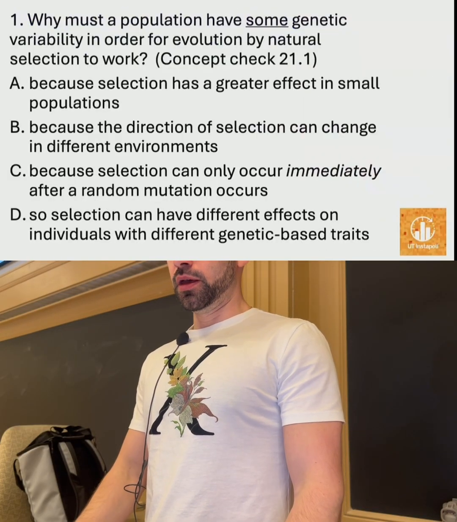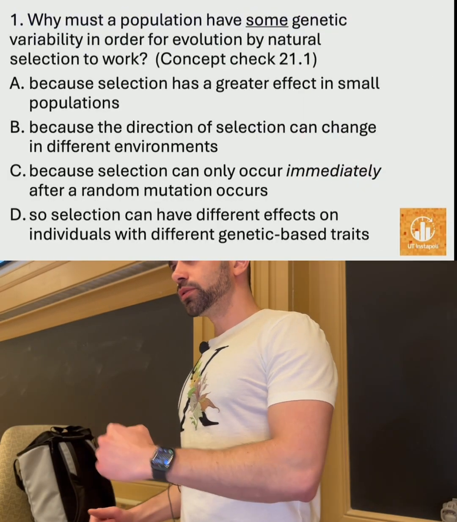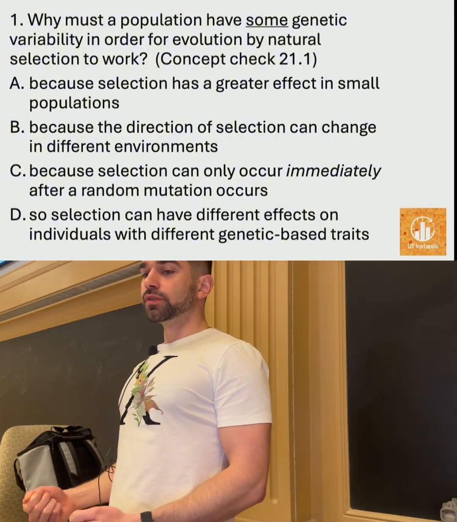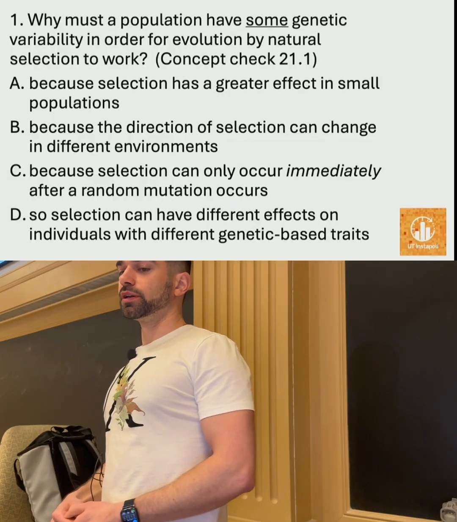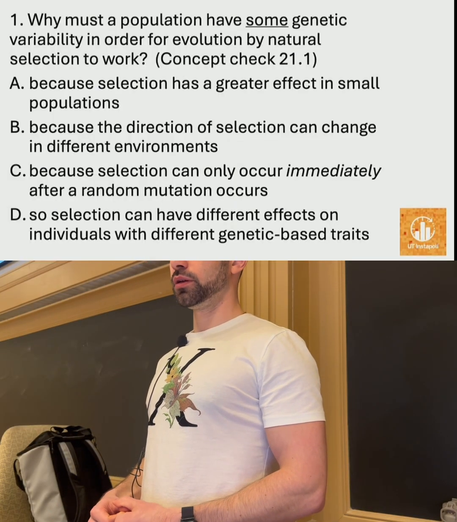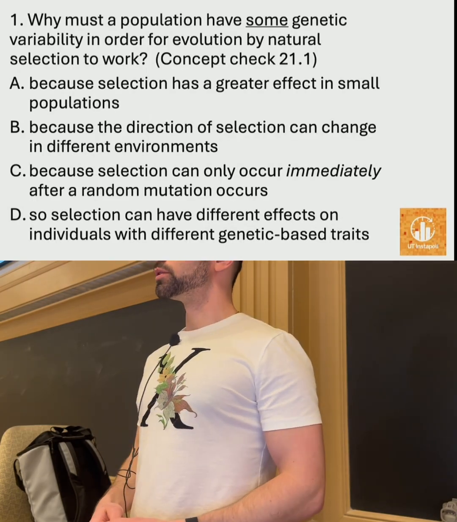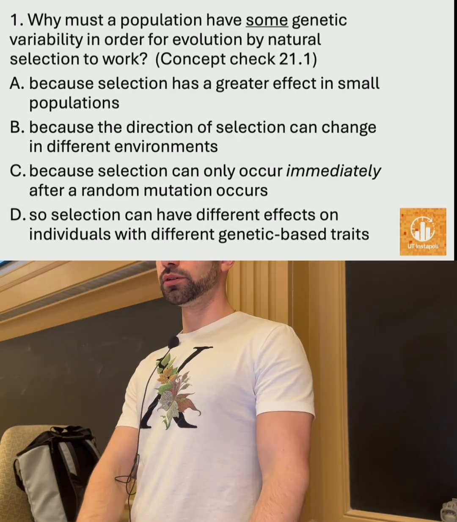Okay. So here's a warm-up and simple question for you guys. Why must a population have some genetic variability in order for evolution by natural selection to work? So I'll take a couple minutes, read over the choices, and enter your answer.